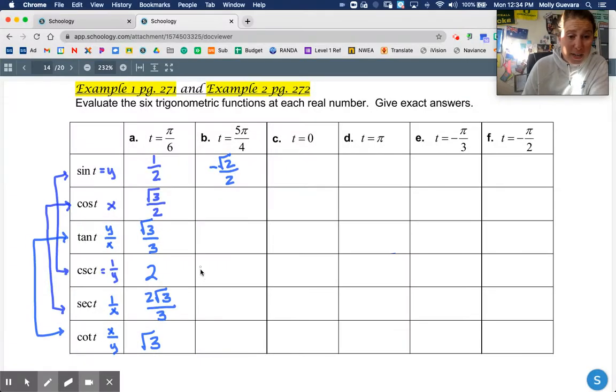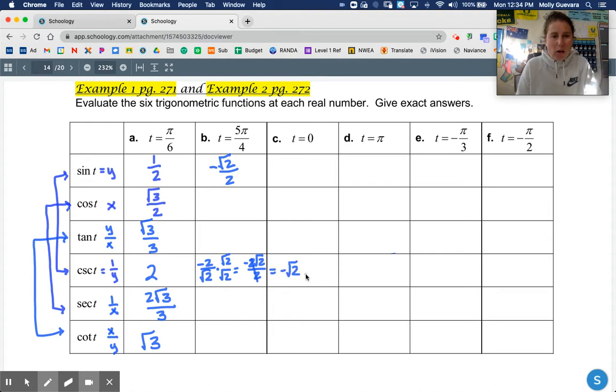Then down here, I can take the reciprocal of that, so negative 2 over root 2. Can't have the root 2 on the bottom, so I'm going to multiply by root 2 over root 2, and I get negative 2 root 2 over 2. These cancel, and I just get negative root 2. So the cosecant of 5 pi over 4 is negative root 2.